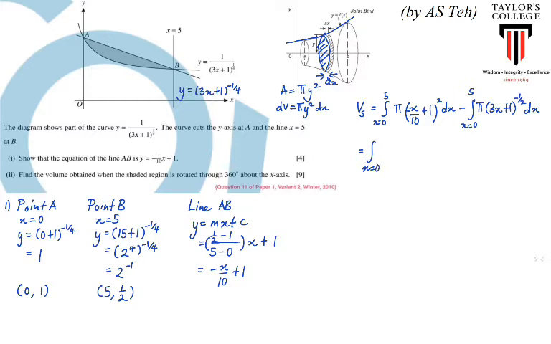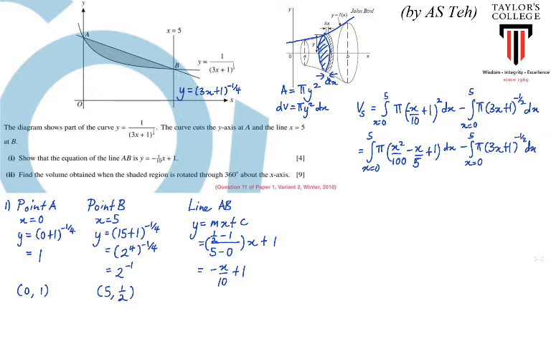The integral from x equals 0 to 5 of pi times (x squared over 100 minus x over 5 plus 1) delta x. You can double check my expansion. For the other side, let me leave it as it is first: the integral from 0 to 5 of pi (3x plus 1) to the power of negative 1 over 2 delta x.